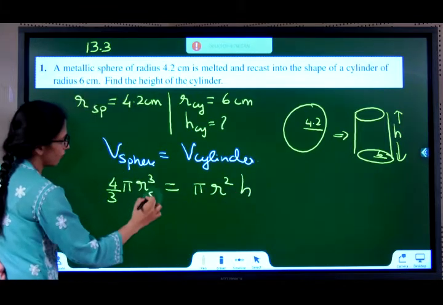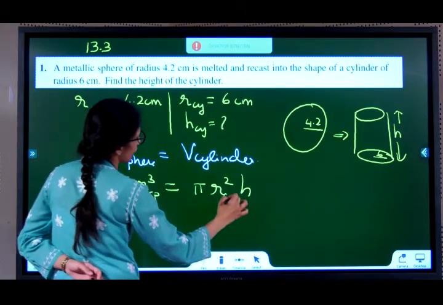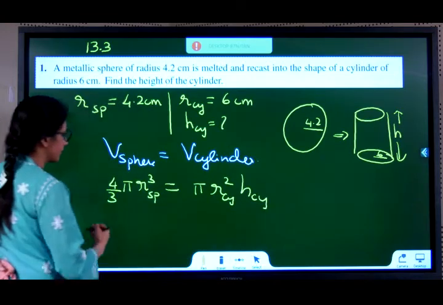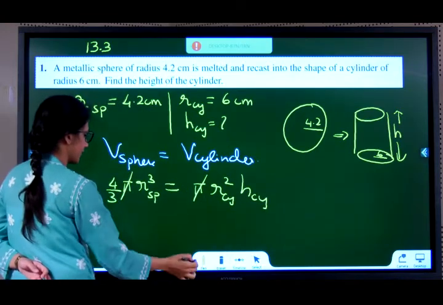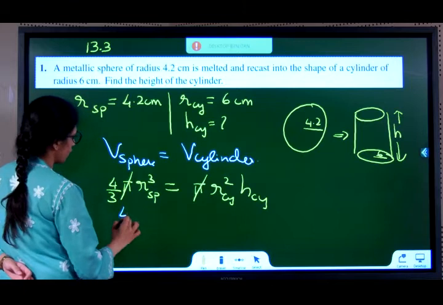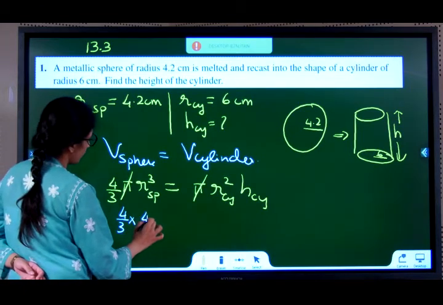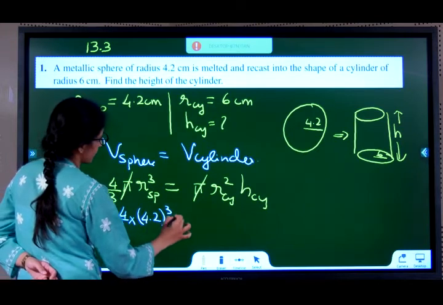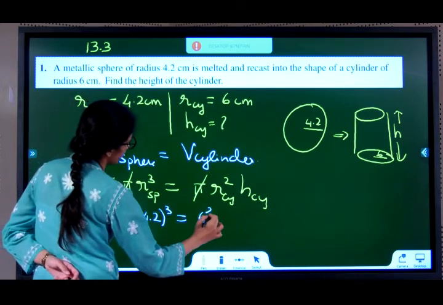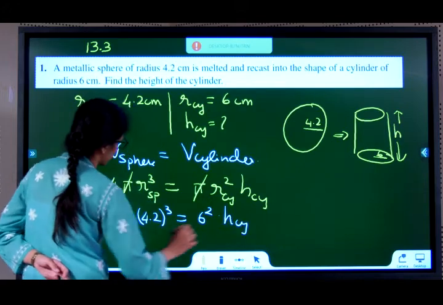The r here is of the sphere, the r here is of the cylinder, height also of cylinder. Pi cancels. 4 by 3 into r of sphere 4.2 whole cube is equal to r of cylinder 6 square into h cylinder.